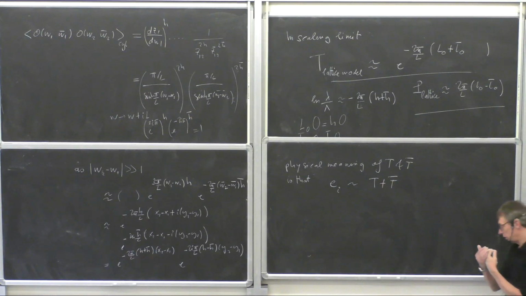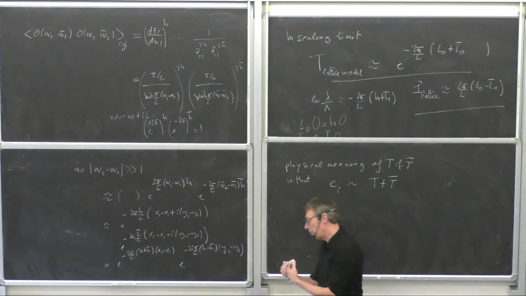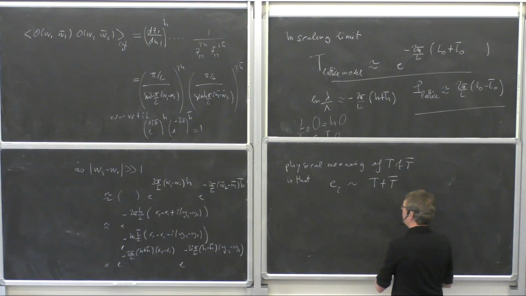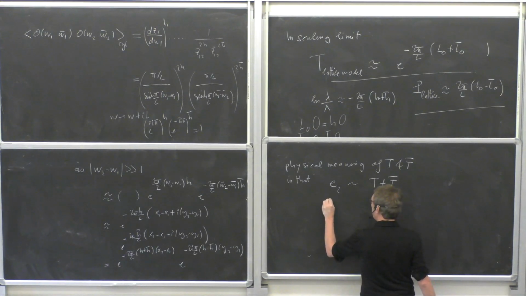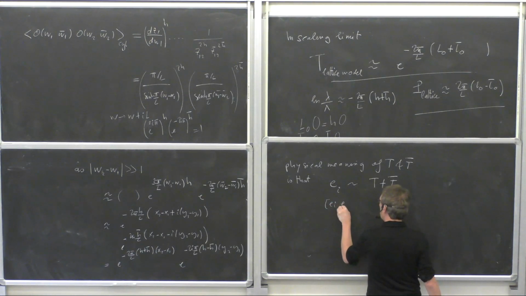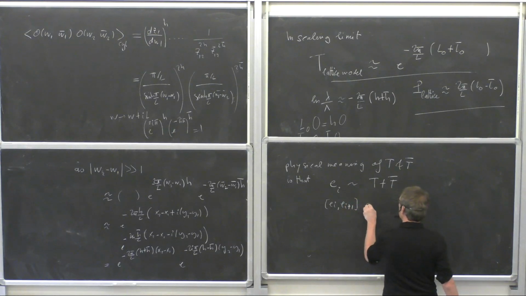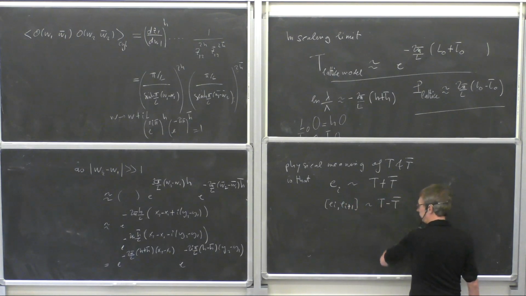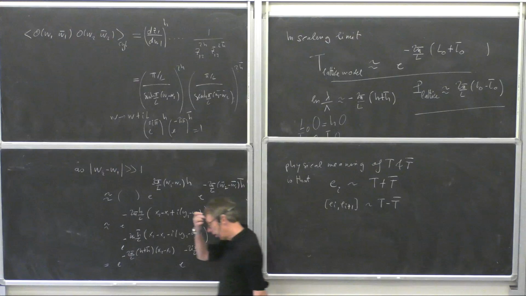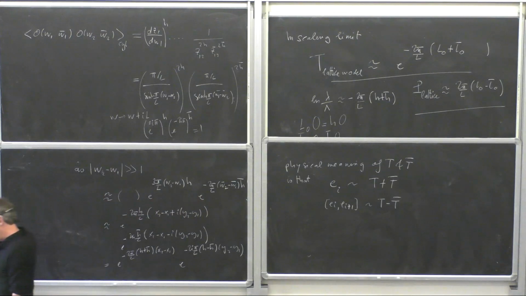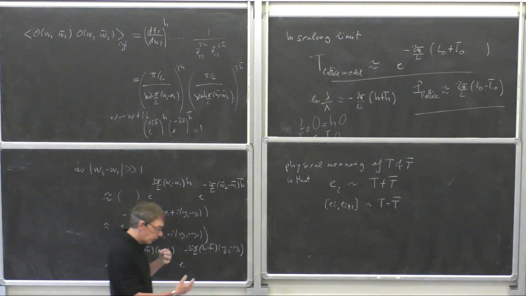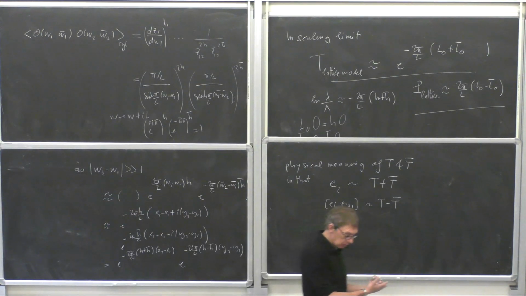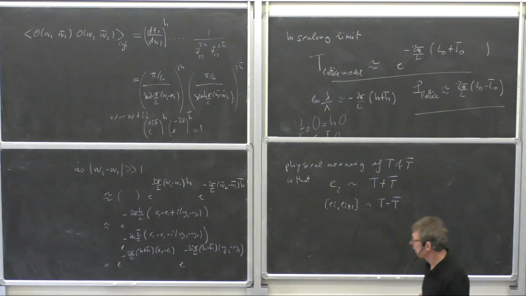In other words, T plus T bar is the local Hamiltonian density, something very simple, while the commutator of e_i and e_{i+1} is like T minus T bar. What should happen if this picture is correct is that the continuum limit of the lattice algebra should be the Virasoro algebra, or rather the enveloping algebra of the Virasoro algebra.